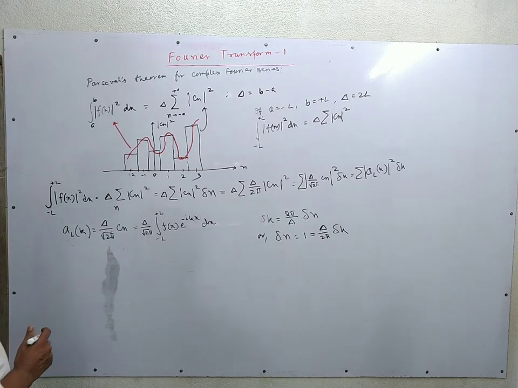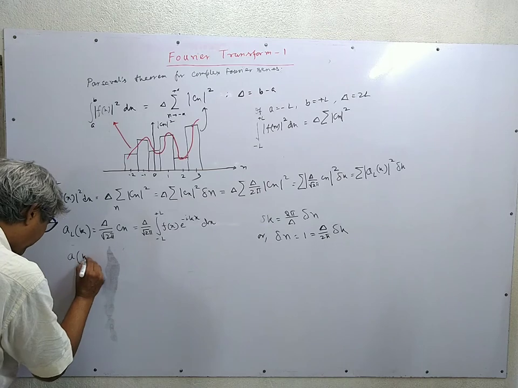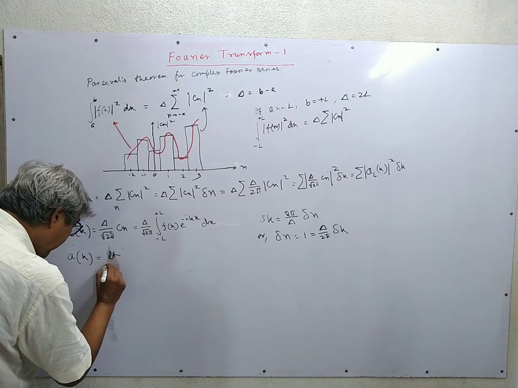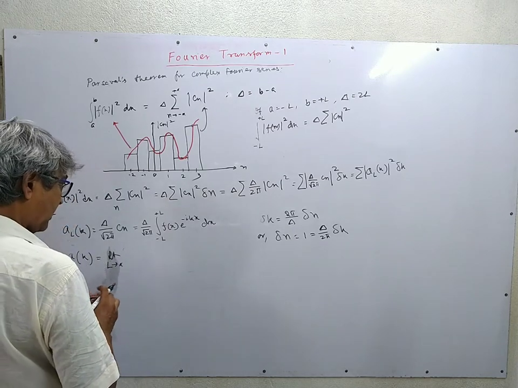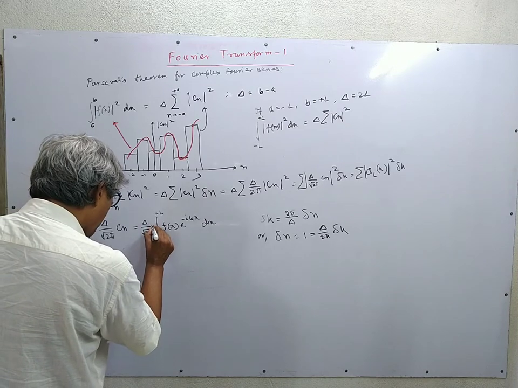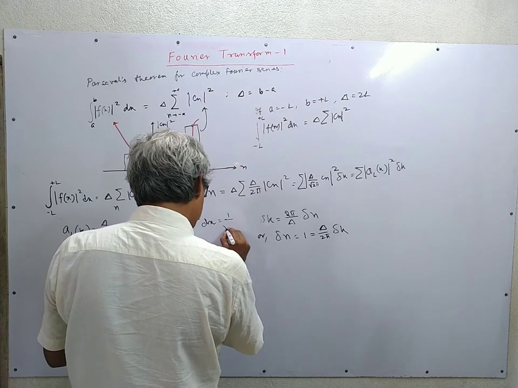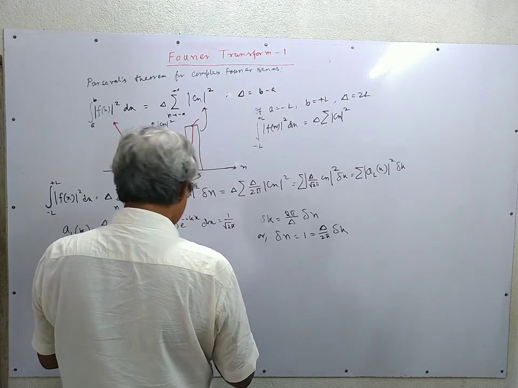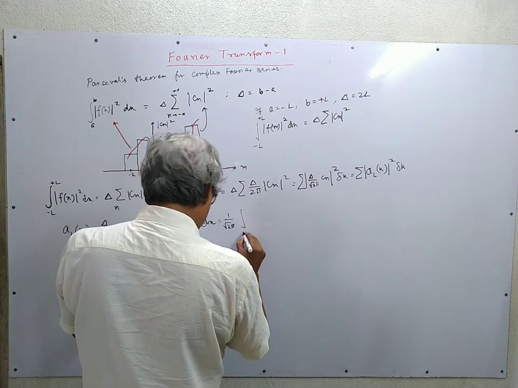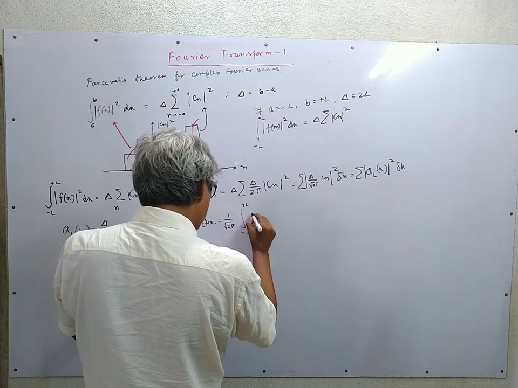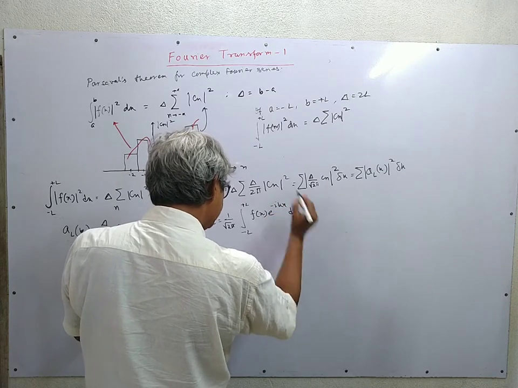Now what happens when L tends to infinity? So we define a quantity A of K as limit L tends to infinity. Sorry, I have forgotten to write the 1 by delta quantity, so that the resultant quantity will be 1 upon root 2 pi, integral from minus L to plus L of f of x e to the power minus I k x dx.